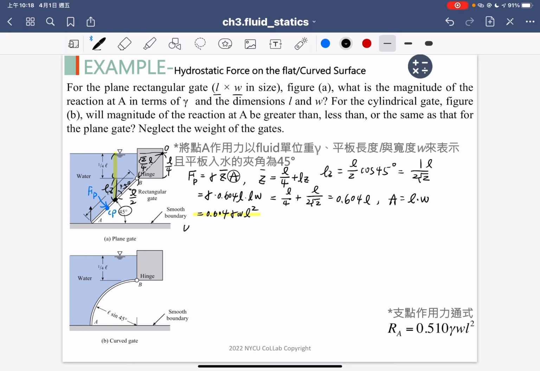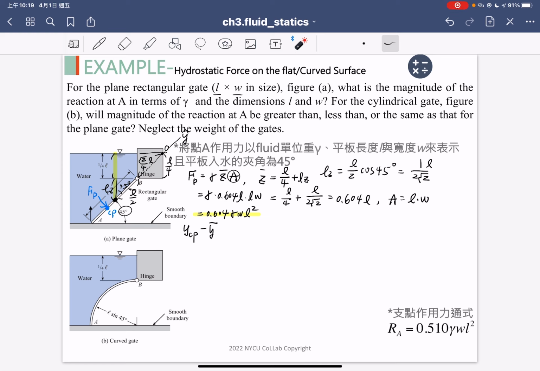We know that YCP along this direction, the Y direction, is computed from the zero point to the CP point, minus the Y bar. What is the Y bar? Y bar is the Y length from the zero point to the centroid point.